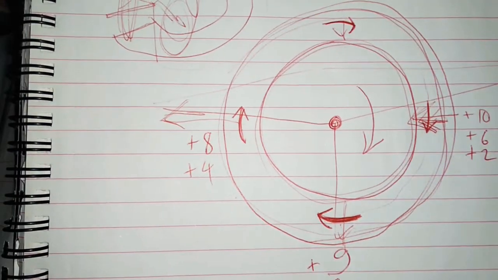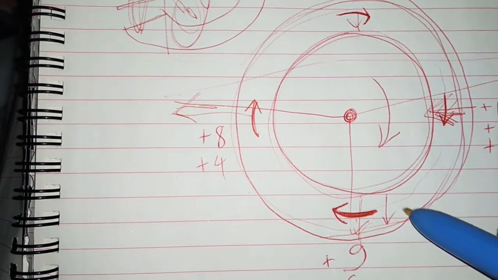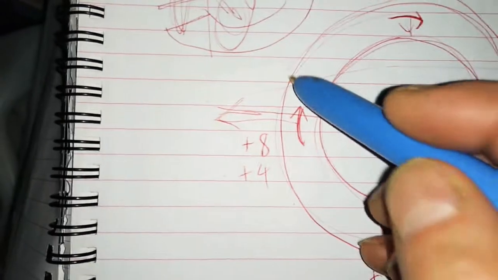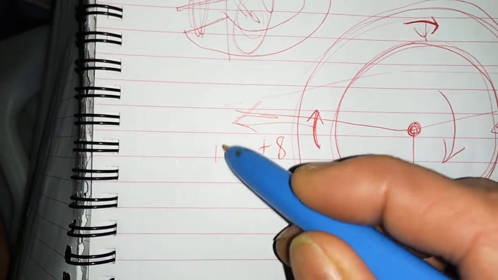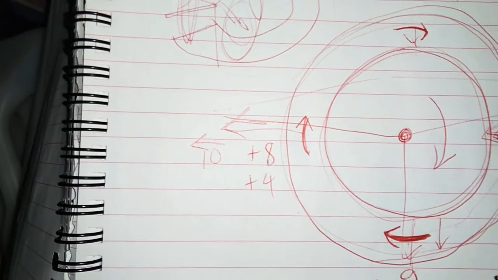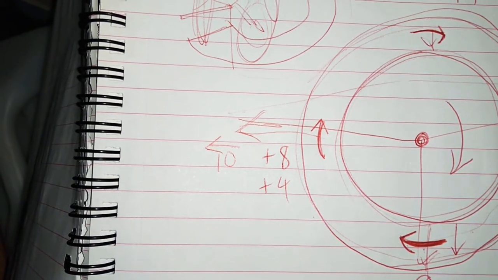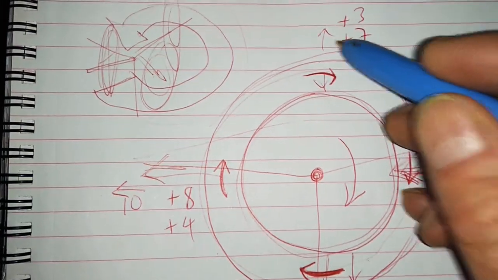We've done this one. So here we've got gravity of 10, haven't we? Gravity of 10. Doesn't do anything for the sideways, so let's go to this one, and that's going to give us an entire 10 in this direction. Wow. Okay, it's going to give us 9 lifting it in this direction.